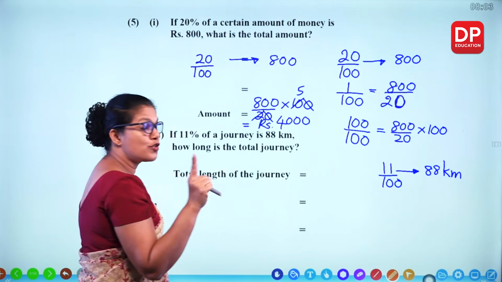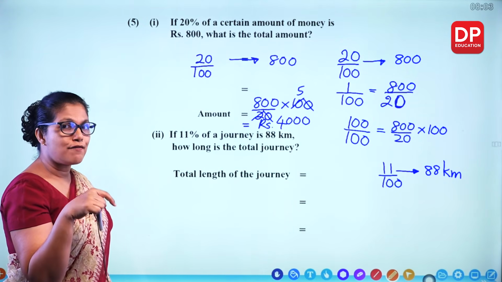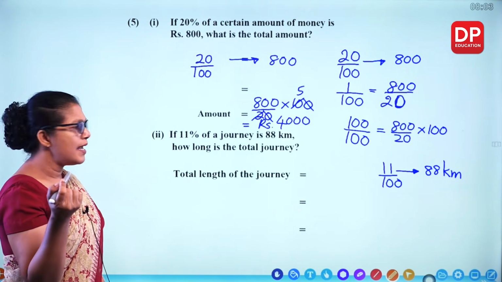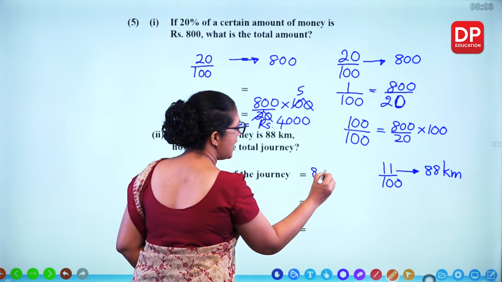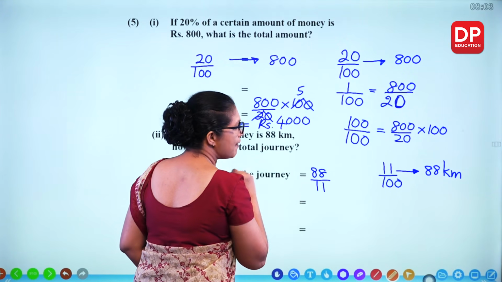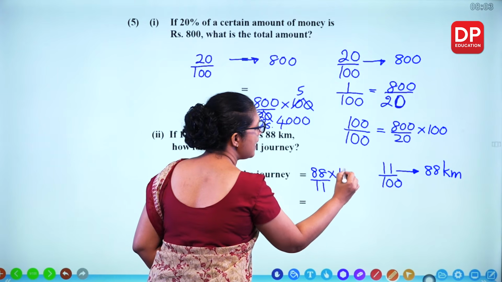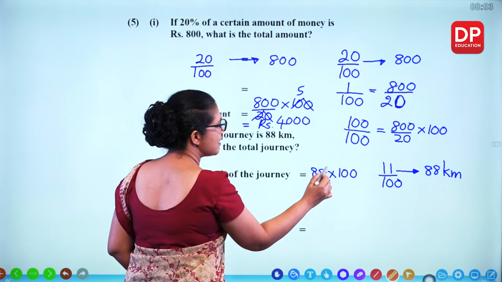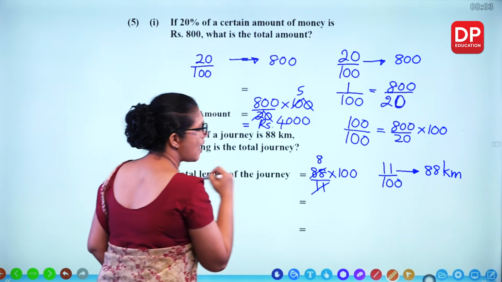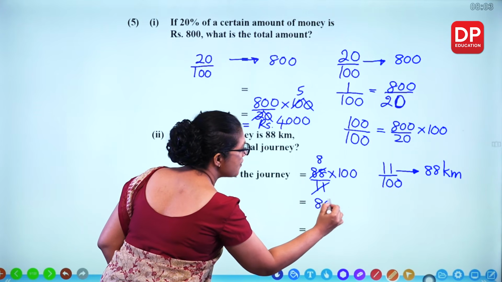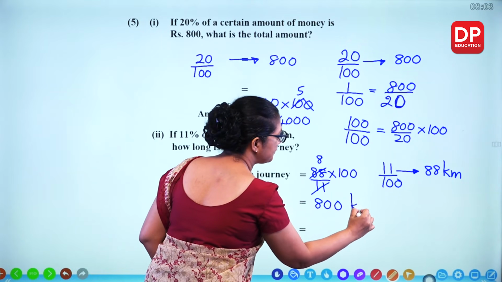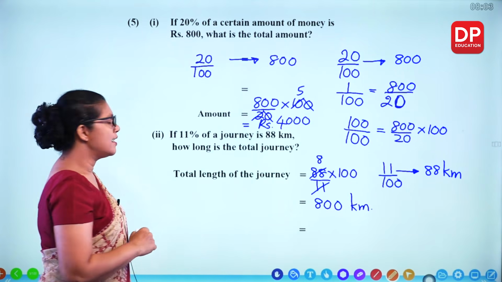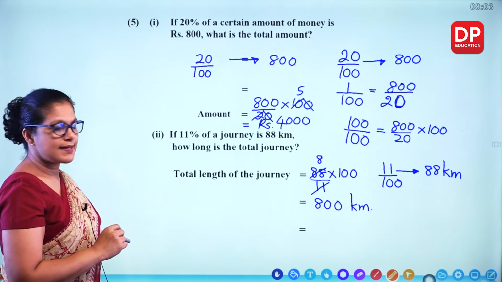So for one part you divide by 11 and for 100 parts you multiply by 100. So what's the total length of the journey? 88 divided by 11 and multiplied by 100. So 11 times 8, 8 times 100, 800 kilometers. So that's the total distance.